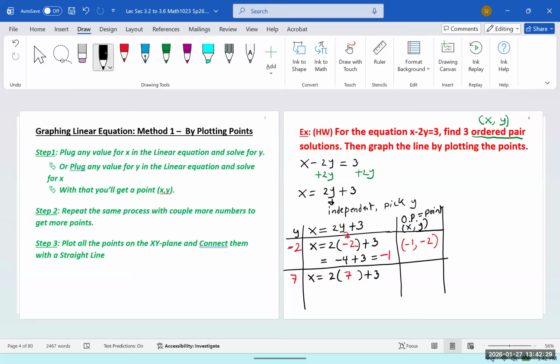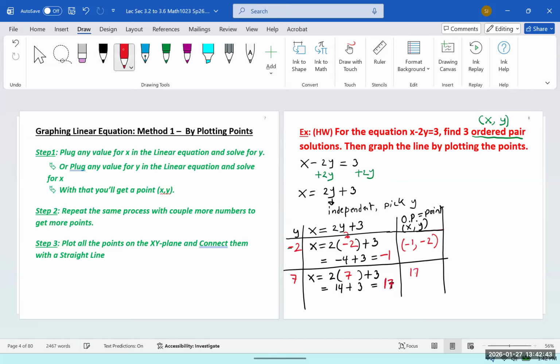Do you know what is 2 times 7? 14. So we have 14 plus 3, which is 17. So when our x value is 17, our y value is 7. This is the next point. So you can pick any number.